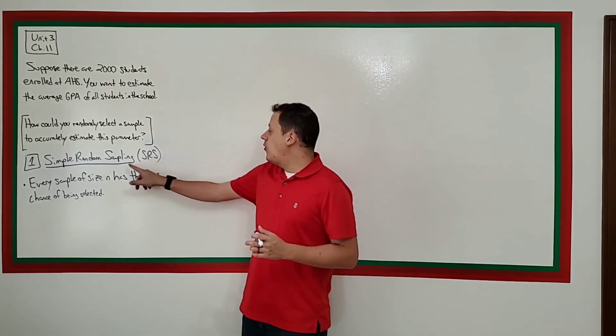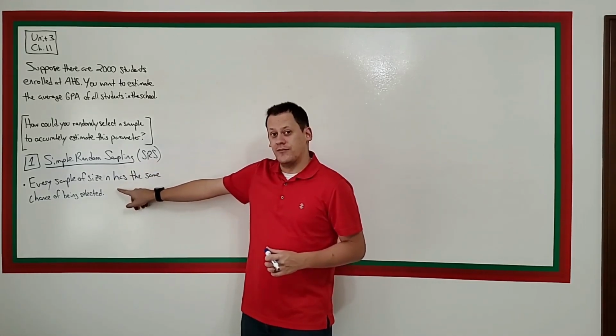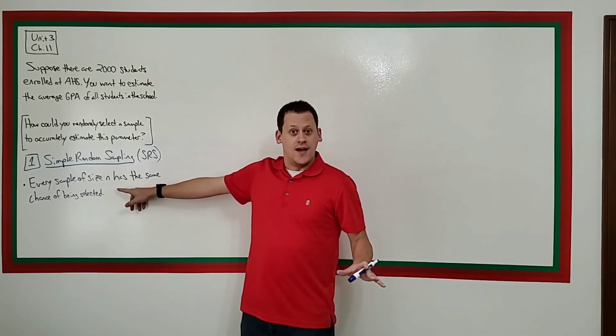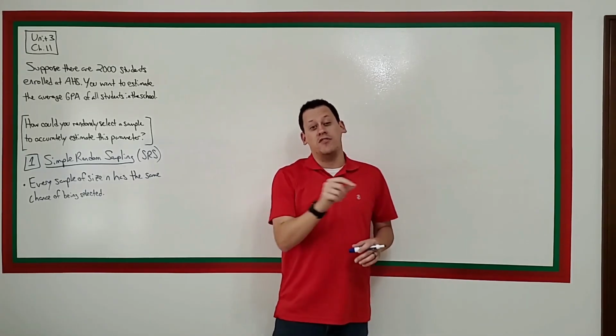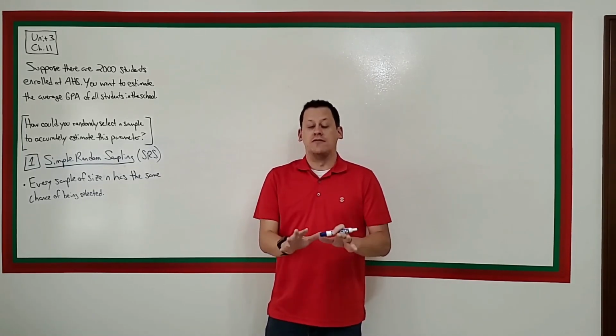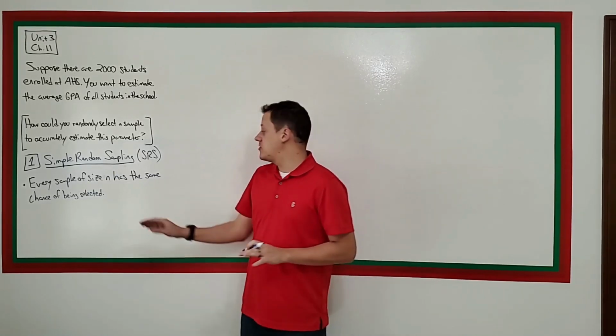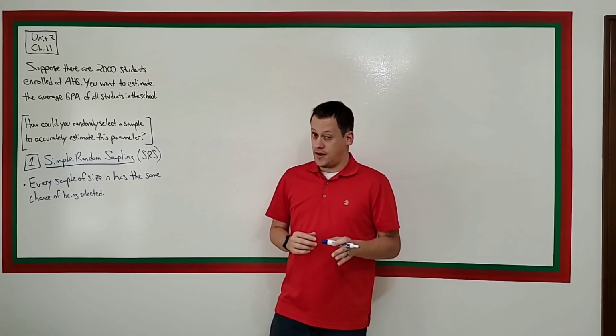This is actually the only method of random sampling we're going to talk about today where this is true. By default. Every single time. This is actually a stronger statement than saying every individual has the same chance of being selected. I'm not going to take the time to parse the difference between those two things, but it is also true that every individual in the population has the same chance of being selected also.